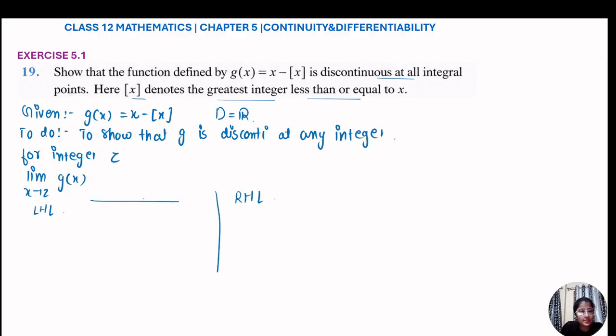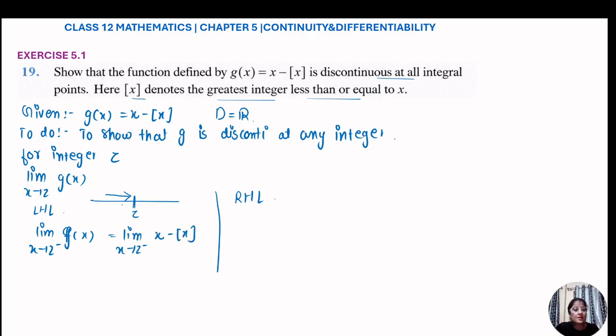When you are coming from the left hand side, I will write the limit of x tends to z minus of g of x. This will be the limit as x tends to z minus of x minus greatest integer of x.